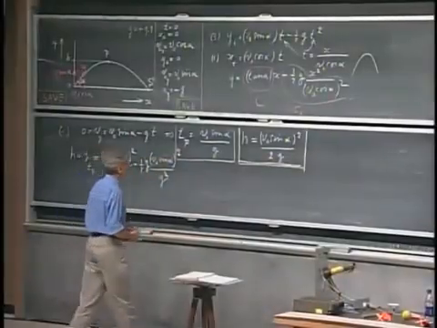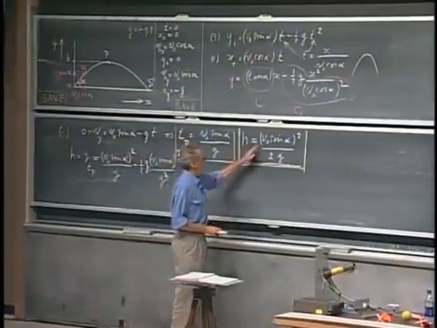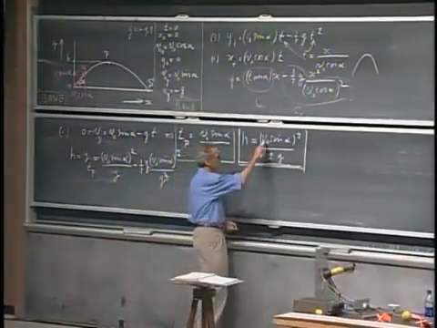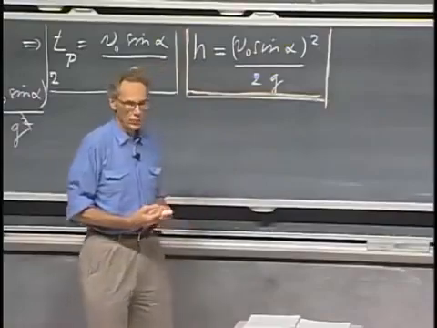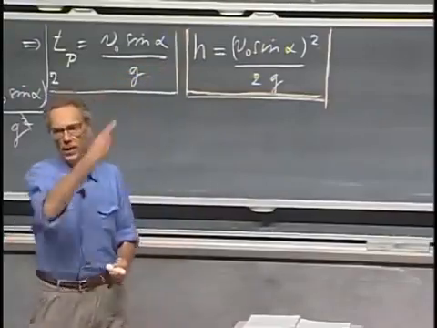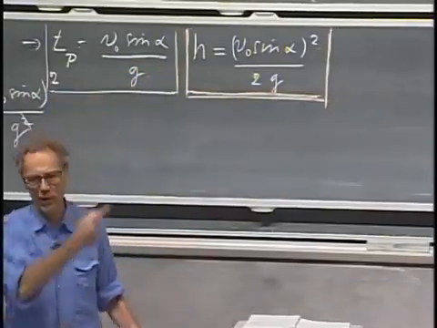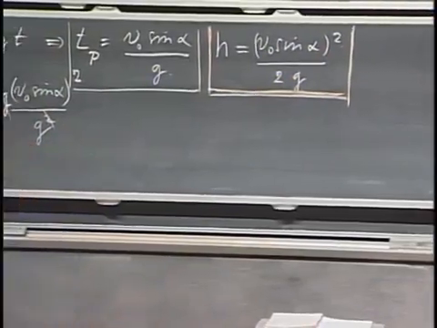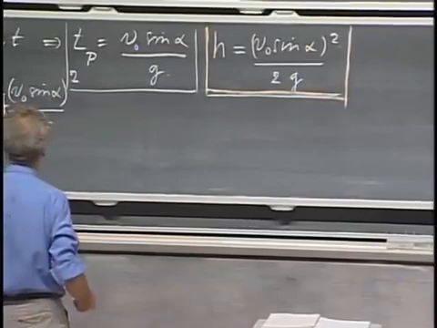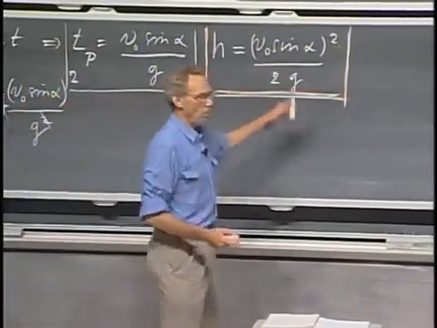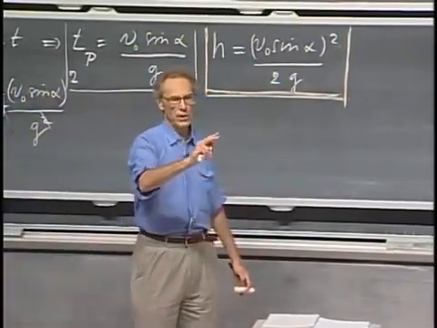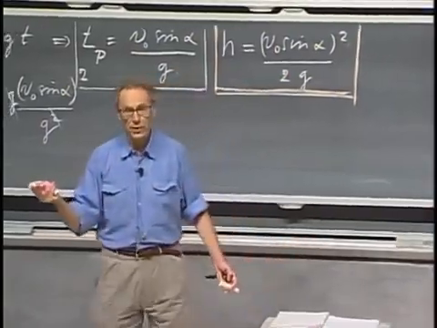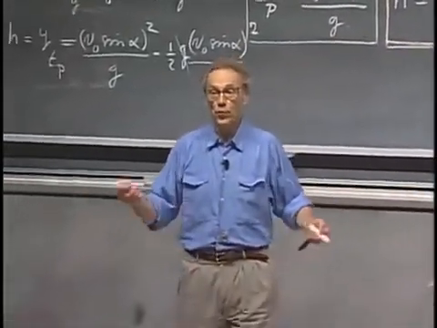Is it reasonable that that highest point in the sky gets higher when v0 is higher? Of course. If I shoot it up at a higher speed, of course it will get higher. So it's completely intuitive that v0 is upstairs. If I increase the angle from a small angle to larger and larger, is it reasonable that it will get higher? Of course.